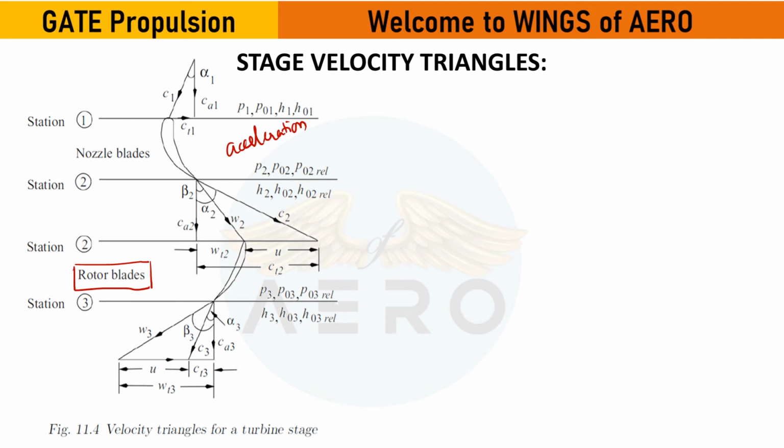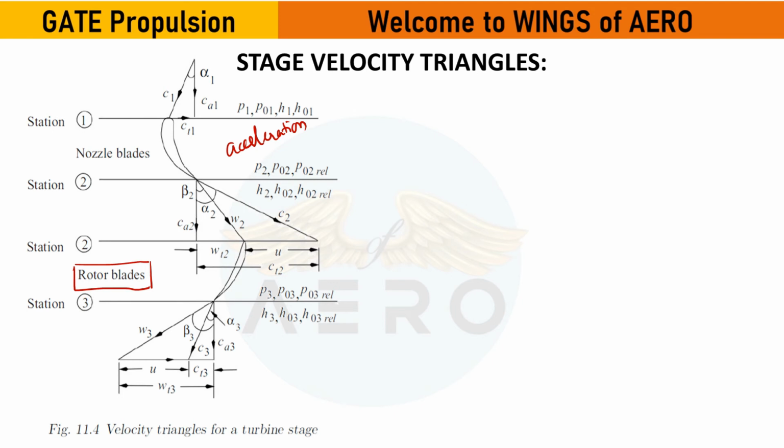So here we will first focus only on stations 2 and 3, just like what we focused on in the compressor. In the compressor we focused only on sections 1 and 2, right? Here we are focusing on stations 2 and 3.